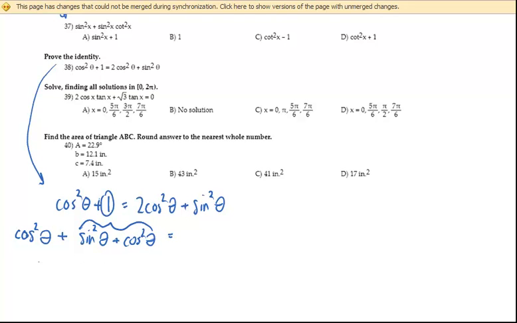And what I get is 2 cosine squared theta plus sine squared theta on the left, which matches what I started out with on the right.